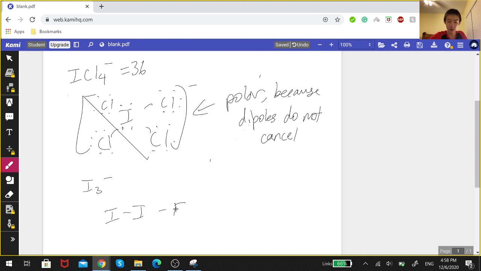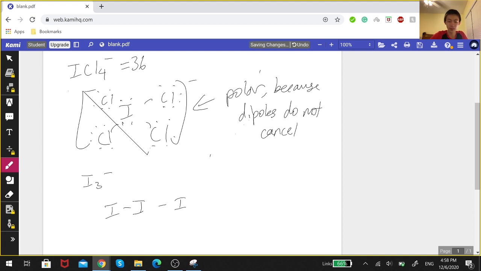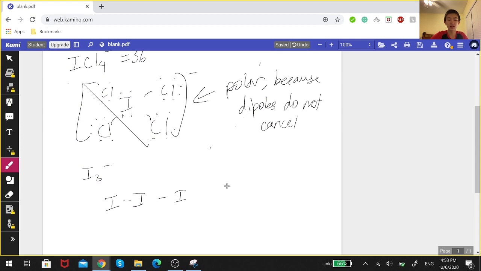I has 7 valence electrons, 3 times 7 is 21, plus 1 is 22. Actually, I'm going to just draw lines to show you, plus a giant bracket with a minus.